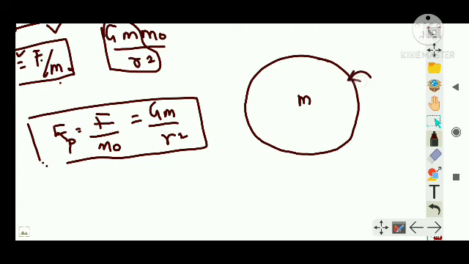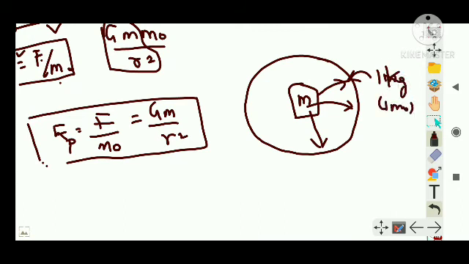Any mass which tries to enter here will experience a field or a force of attraction due to this guy. If that coming mass is only 1 kilogram or 1 unit mass, very small, as 1 m naught, then that mass is experiencing a force, or I can exactly call it the gravitational field of m.